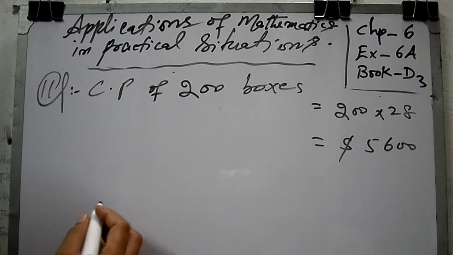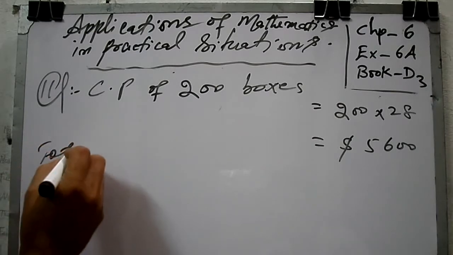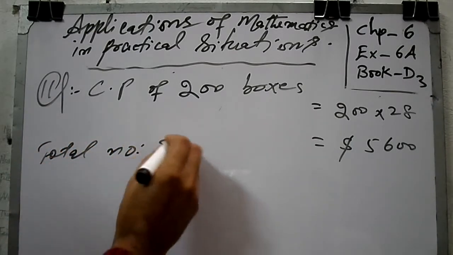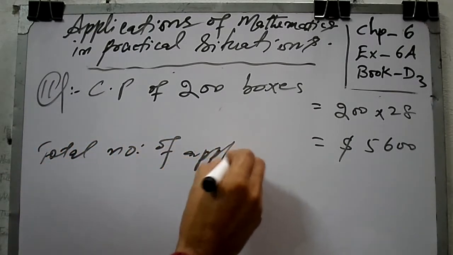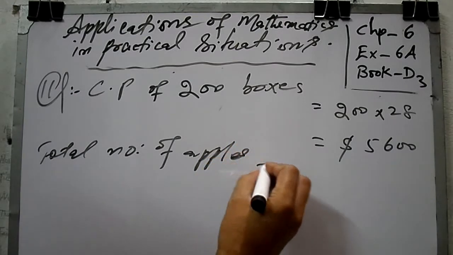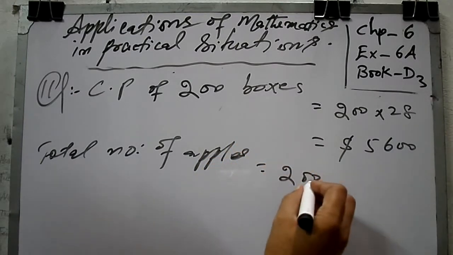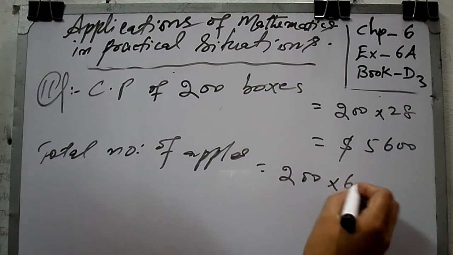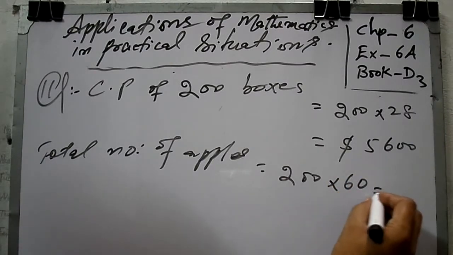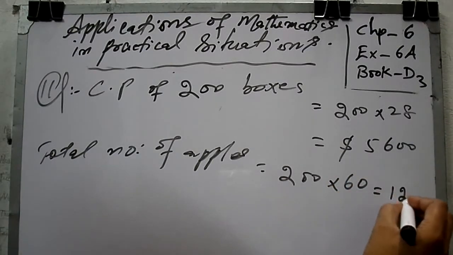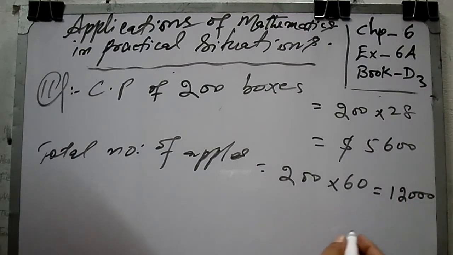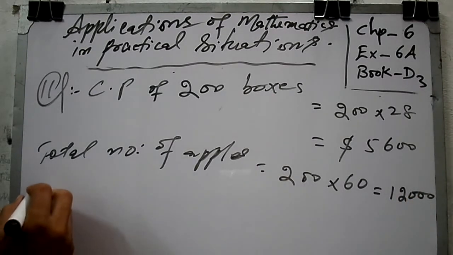So total number of apples is equal to 200 boxes multiplied by, in each box there is 60, so you will get 12,000 number of apples.